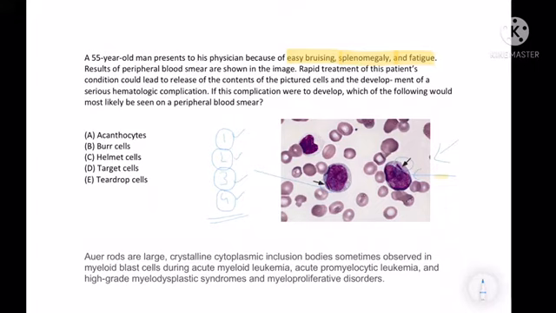So I will tell you one by one, and I will try to make your concept clear as far as this question is concerned. Okay, number first, these inclusions are called Auer rods, and the cells we can see here are the blast cells, and these blast cells we can see in case of acute myeloid leukemias, or we can say acute leukemias.